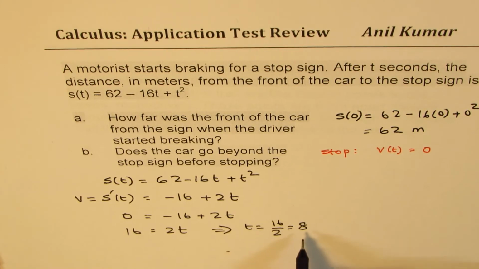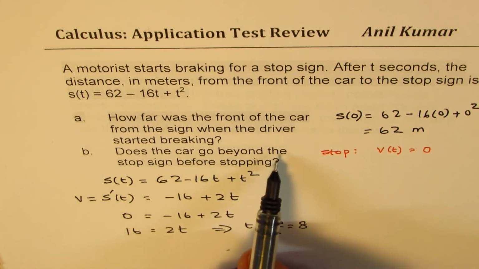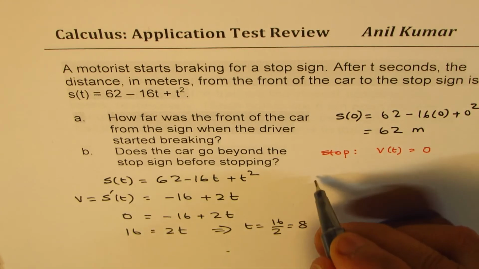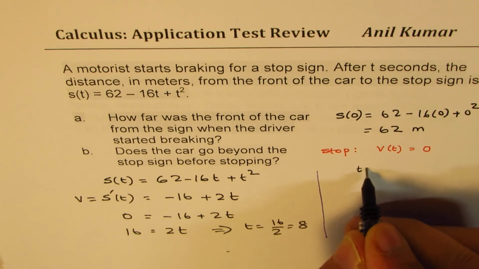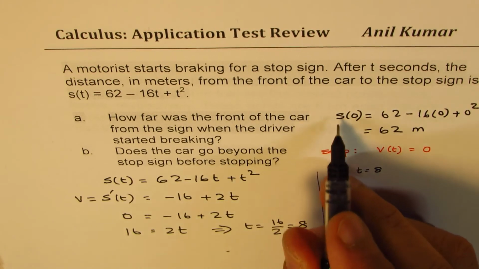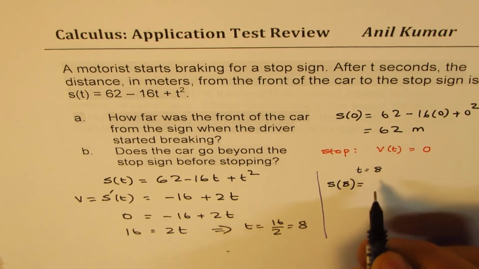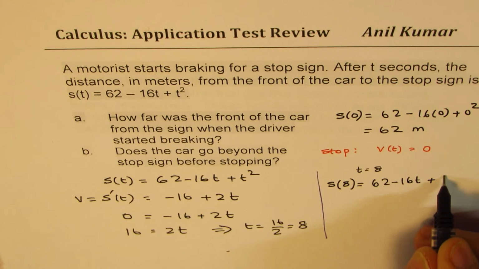Now we can substitute the value of 8 to find, does the car go beyond the stop sign before stopping or not, right? So it stops in 8 seconds. So t equals 8. We can substitute 8 here. So s of 8 is 62 minus 16t plus t square.